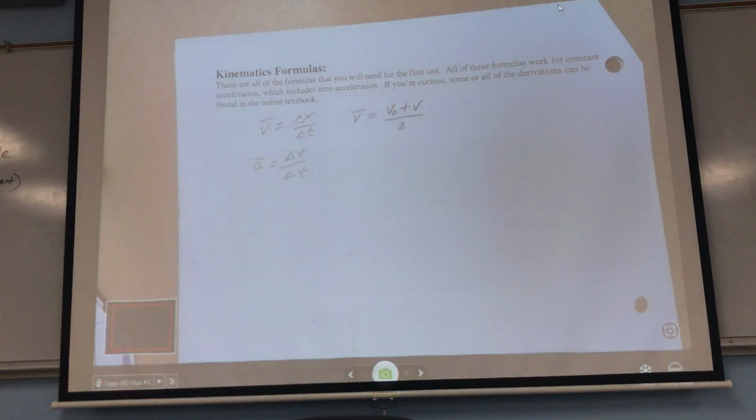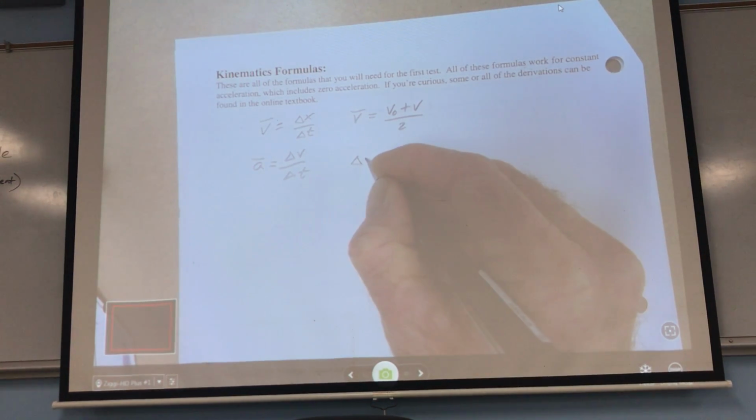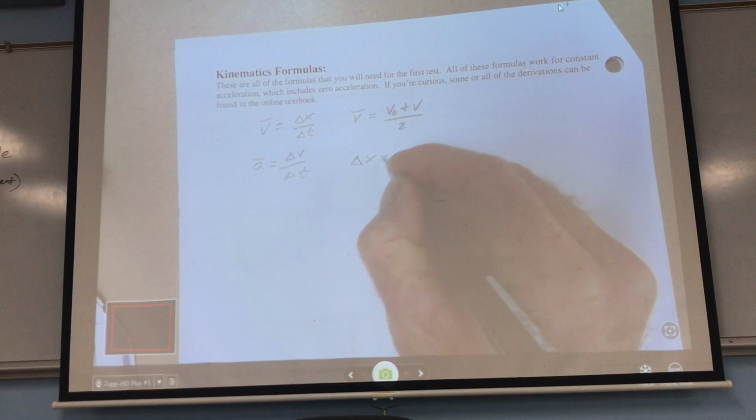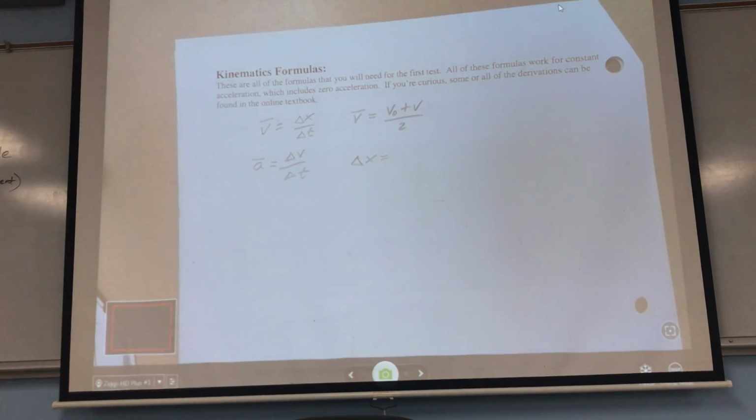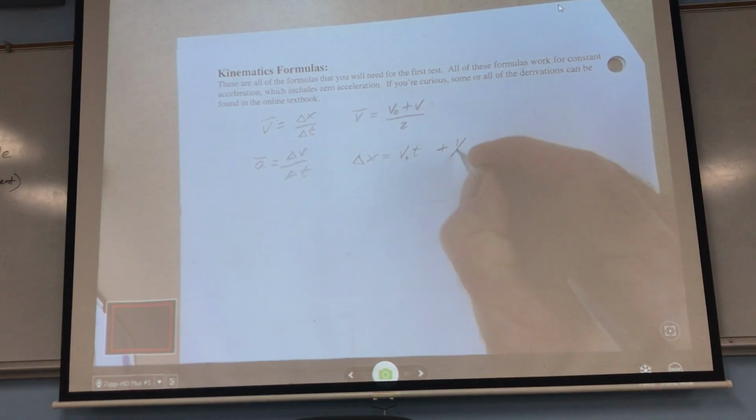And now for a new one. This is what I just derived, except this will work for something that's not starting at 0. It's not starting from rest. So it's v0t plus 1/2 at squared.